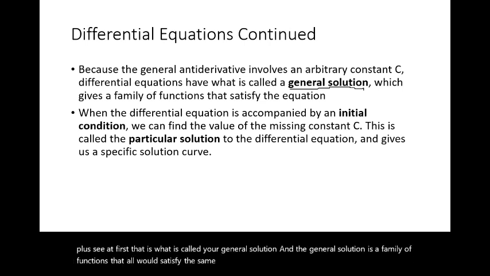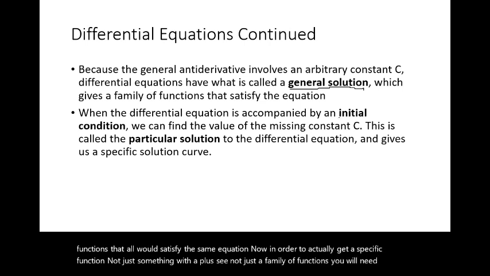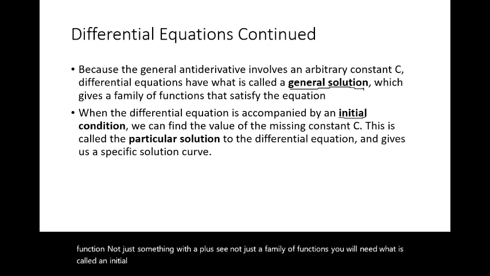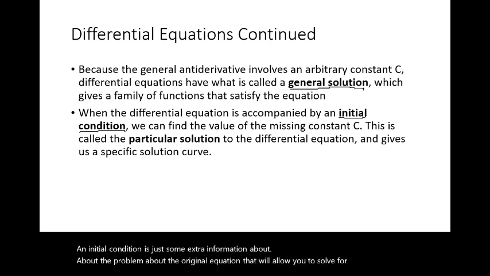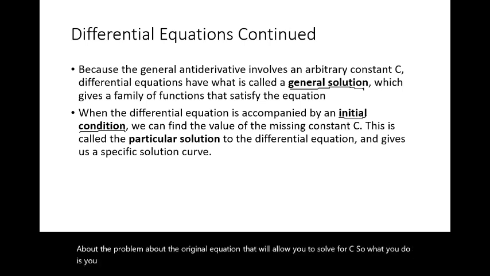Now, in order to actually get a specific function, not just something with a plus c, not just a family of functions, you will need what is called an initial condition. An initial condition is just some extra information about the problem, about the original equation, that will allow you to solve for c. So you take your general solution and plug in your initial condition.